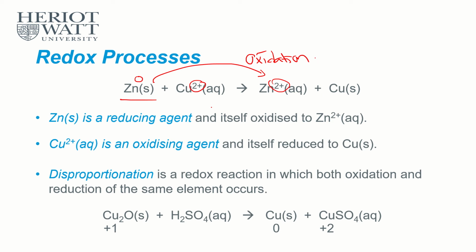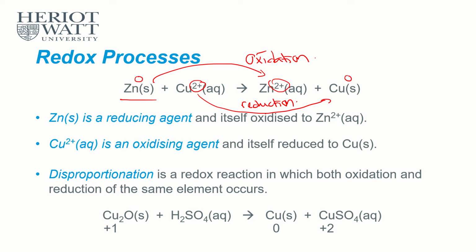Initially we have copper 2 plus. At the end, it changes into copper solid. Like I said, elemental state is always 0 in oxidation numbers. So from 2 positive becoming 0 means a decrease in oxidation number. So we call this reduction.